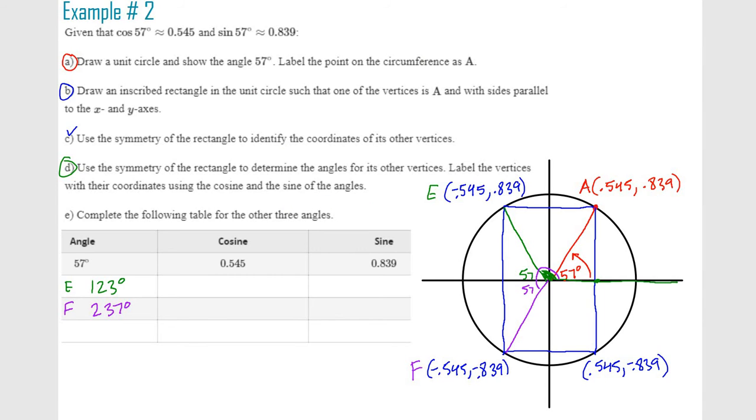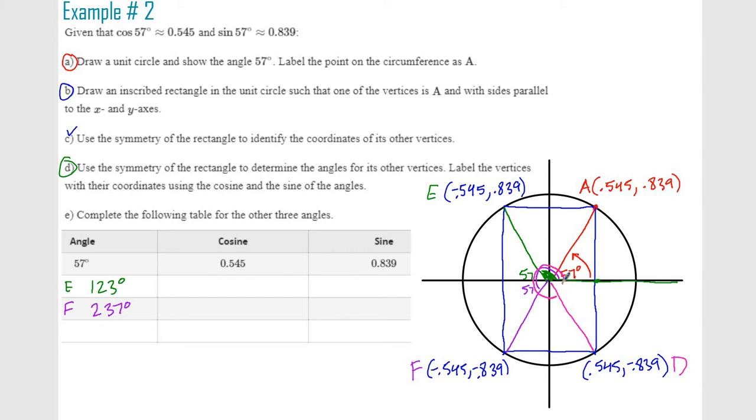Then we have the next angle. Oh, I'm running out of colors. I guess pink. So we go down here. They labeled this one D. And to get here, we go 180 plus the 90 plus a little amount.